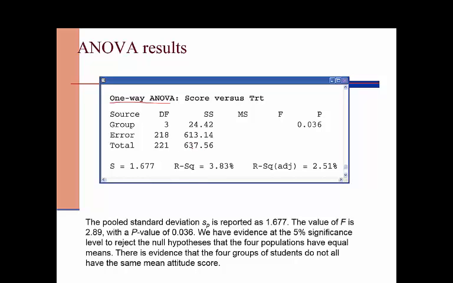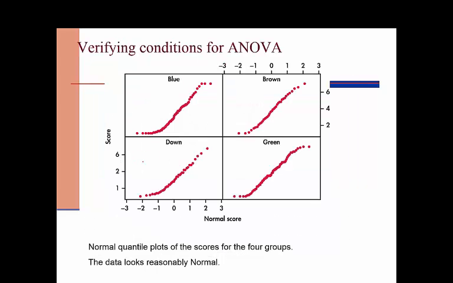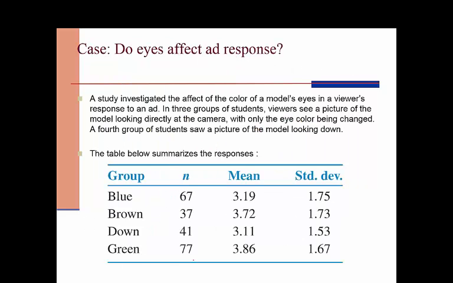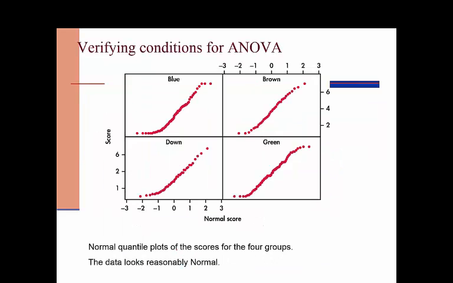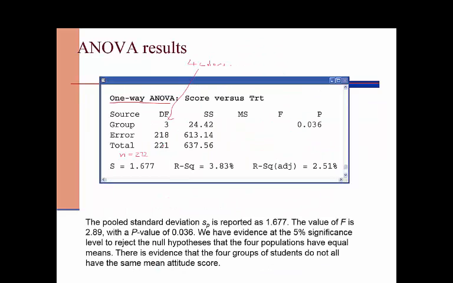And remember there's 4 different colors. 4 colors were the treatments, therefore the degrees of freedom for the group is 3, and they had collected a total of 222 samples. When you add up all these numbers, n, you get 222. So therefore this is 221, and the error degrees of freedom is 218.